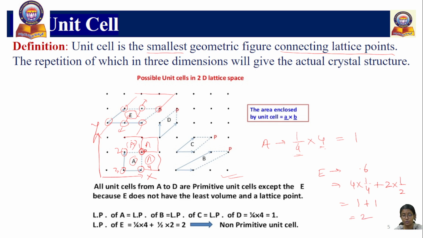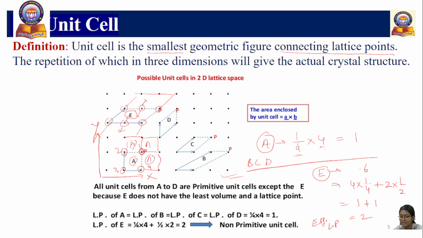So this is 2. So what is the difference between E and A? Or you can say A, B, C, D, all of them are kind of the same in this case. The effective number of lattice points is 1 for A, B, C, D. But for E, the effective number of lattice points is 2.